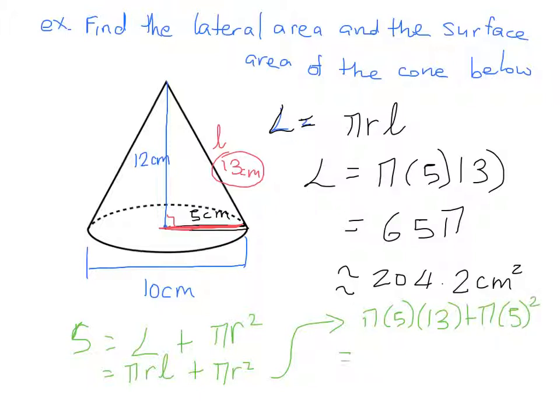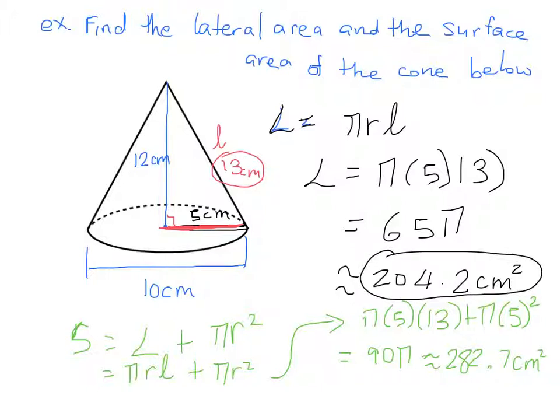And when you work that all out, you should get 90 pi, or approximately 282.7, I believe, centimeters squared. All right, and so that's how you find the lateral area and the surface area.